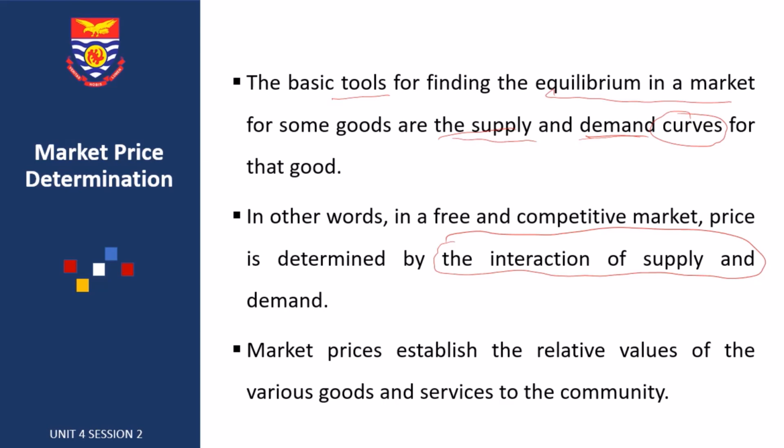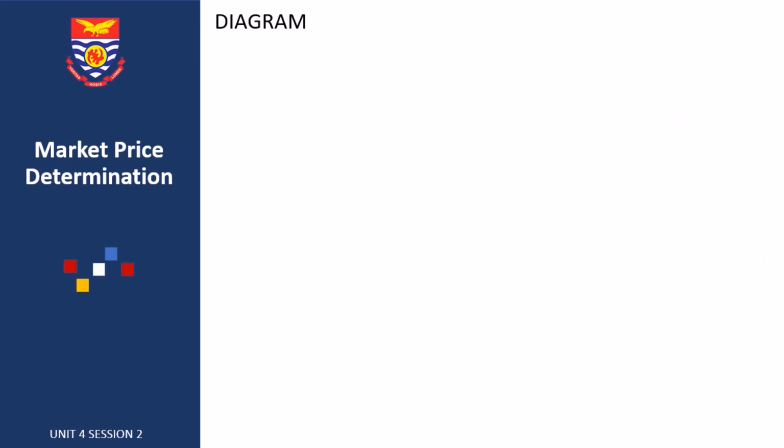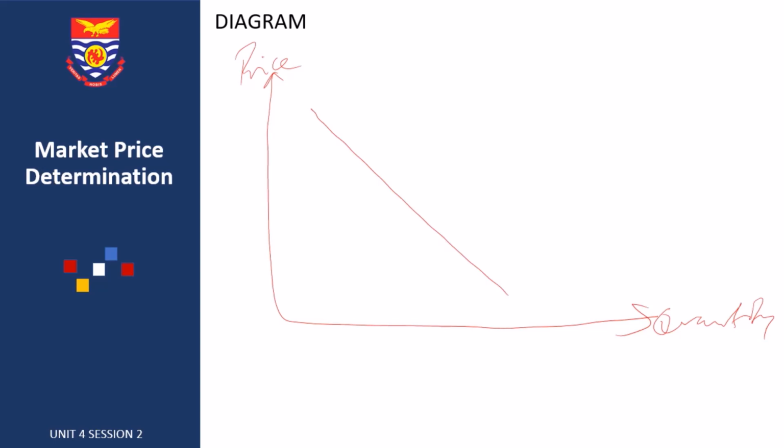In the next slide, I'm going to sketch a diagram to explain something. Here is always price, and here is always quantity. We know that the quantity demanded curve is downward sloping, and that of supply is upward sloping, or let's say positive slope. I'll put some working lines here.